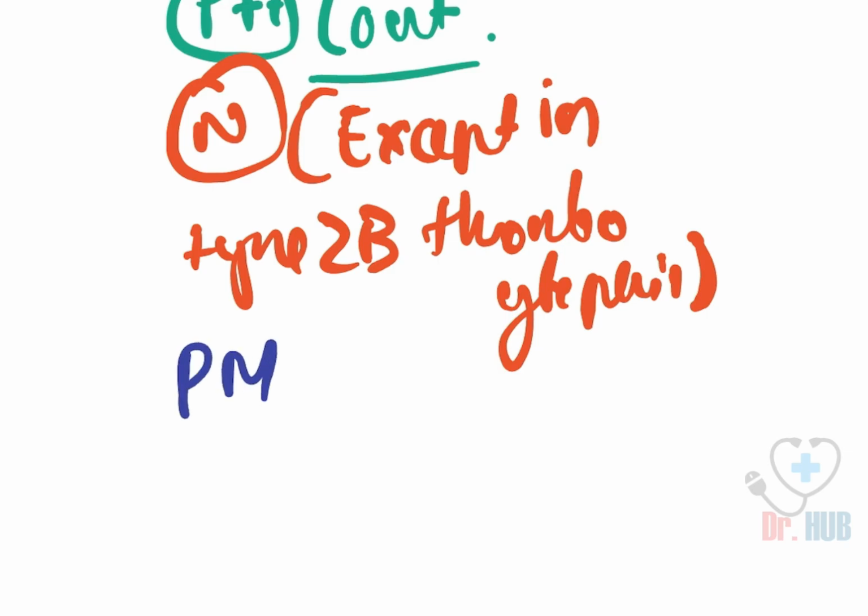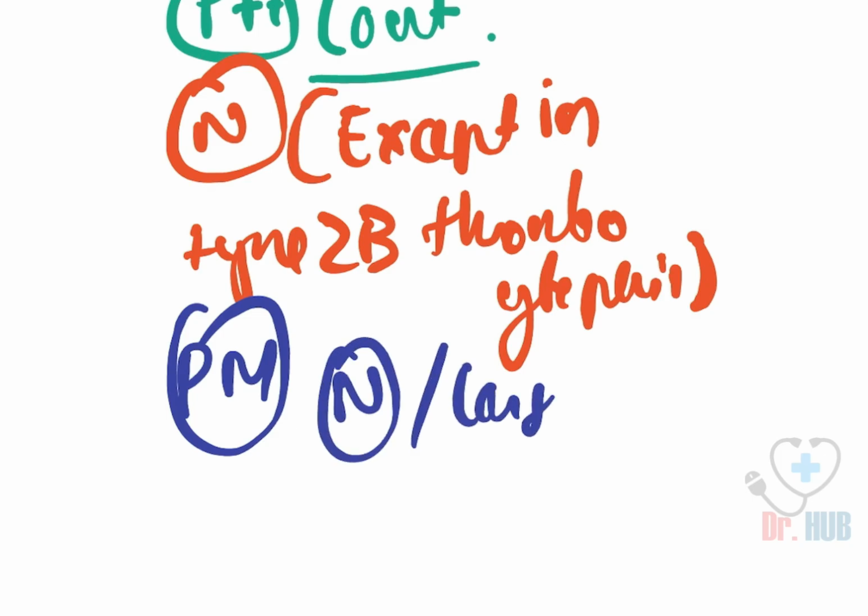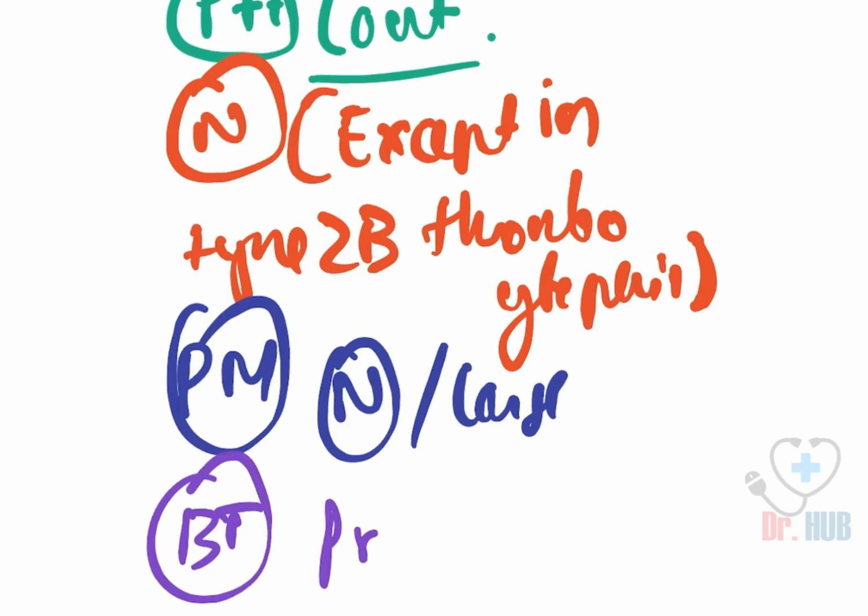Next we look at the platelet morphology. In case of platelet morphology, it looks normal as well as it can be large. Then we look at the bleeding time. Bleeding time is prolonged.